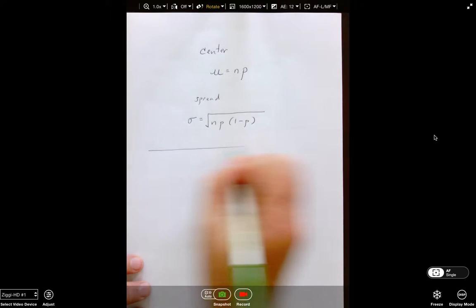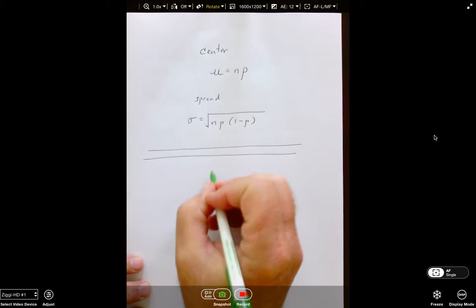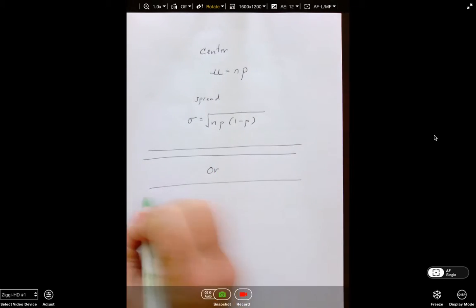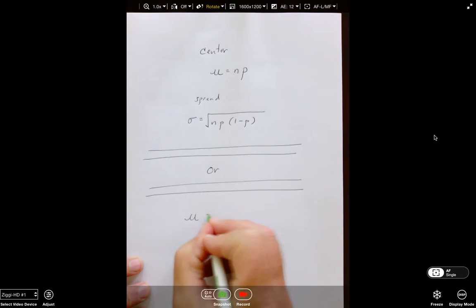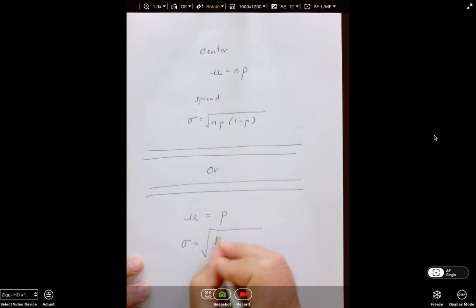Now, some notation that I see in a lot of other textbooks: we can just say that mu is equal to p and sigma is equal to the square root of p times 1 minus p over n. So I will illustrate that to you in a couple of problems, okay?